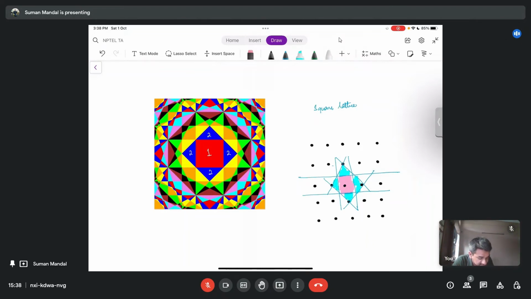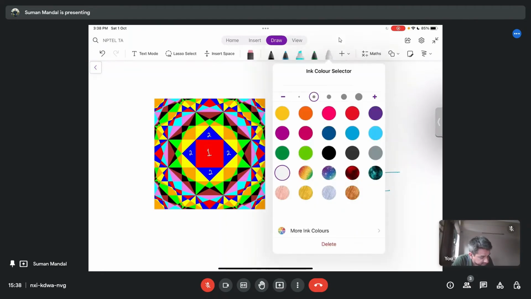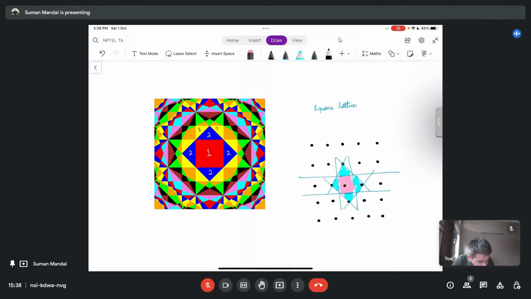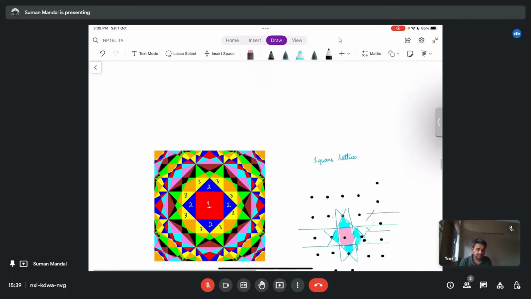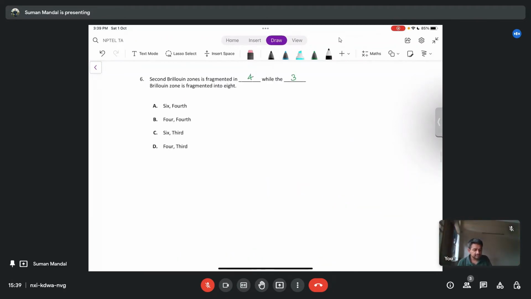The third one has one, two, three, 4, 5, 6, 7, and 8. So for a square lattice, the first Brillouin zone has only one segment. The second Brillouin zone has 4 fragments. The third Brillouin zone has 8 fragments. That's why the answer is 4 and 8.